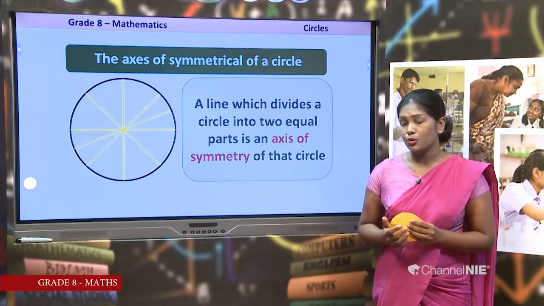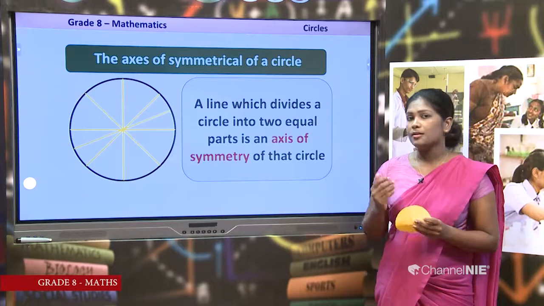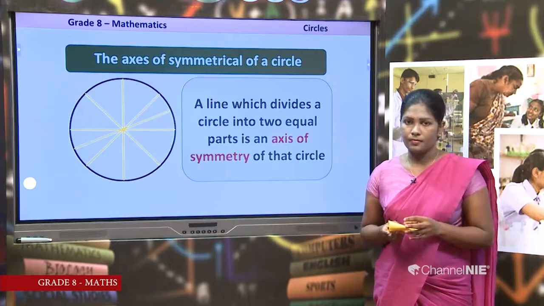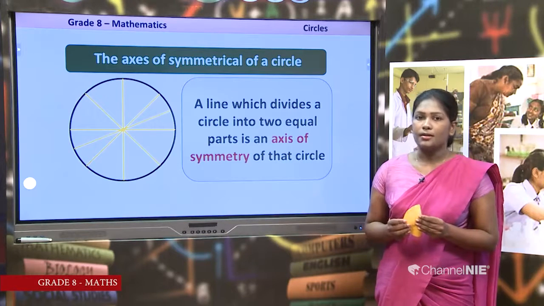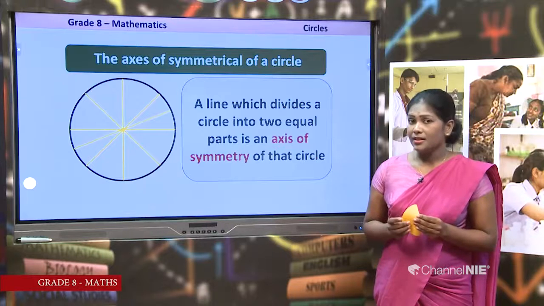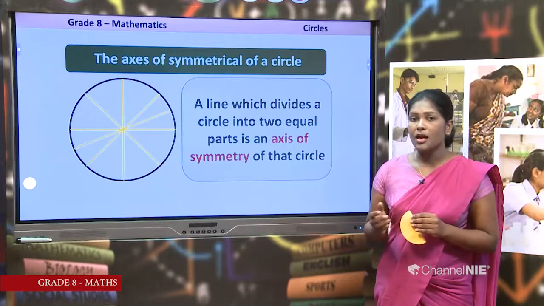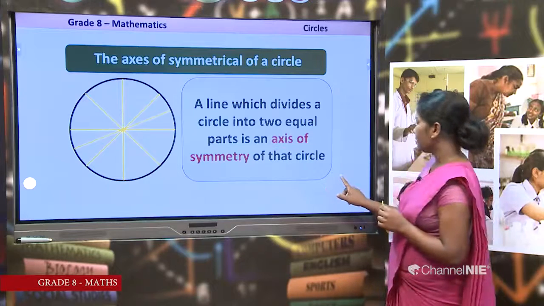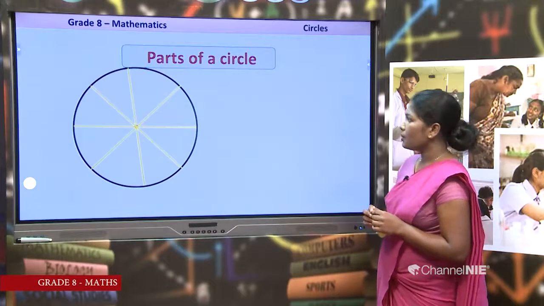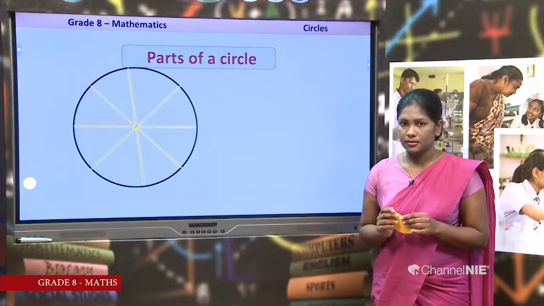Okay children, now you know what is the axis of symmetry. Grade 6 and 7 you learned about that theory. And next we move to the parts of a circle. What are they? Look at that. Parts of a circle.